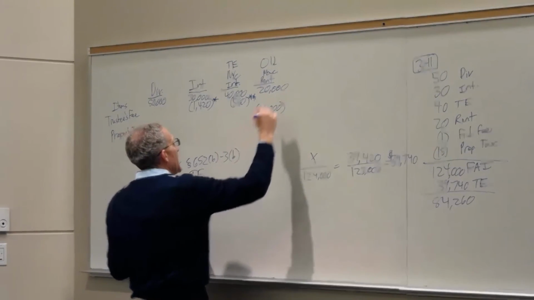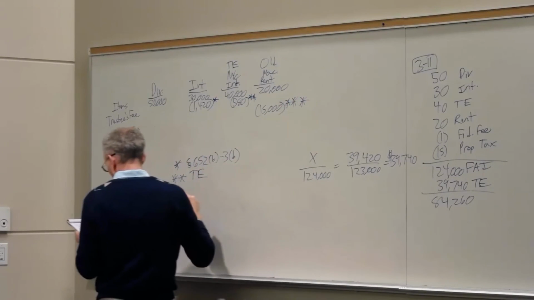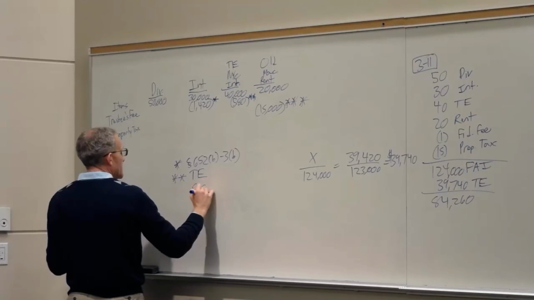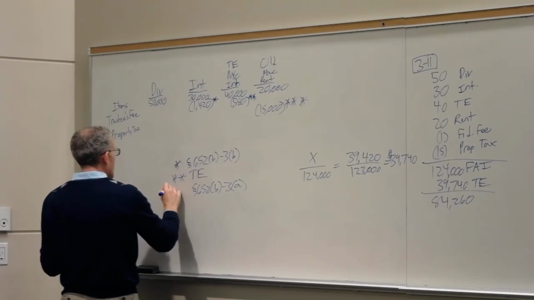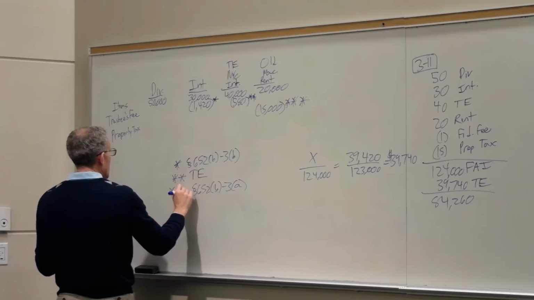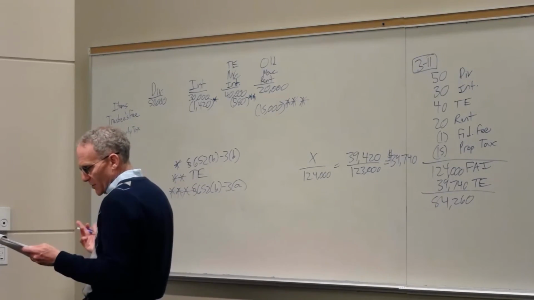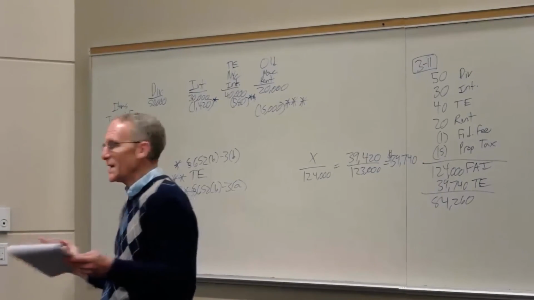And three asterisks for direct expenses. Under regulation 652B-3A, what does it say? You have to allocate direct expenses to those items that produce that income.